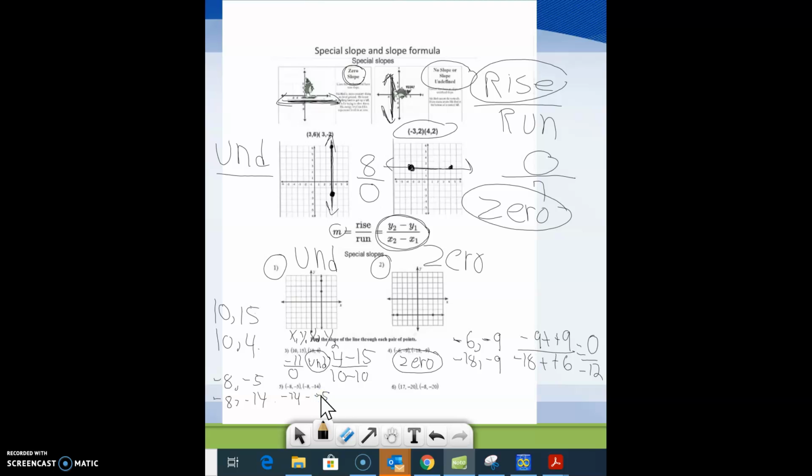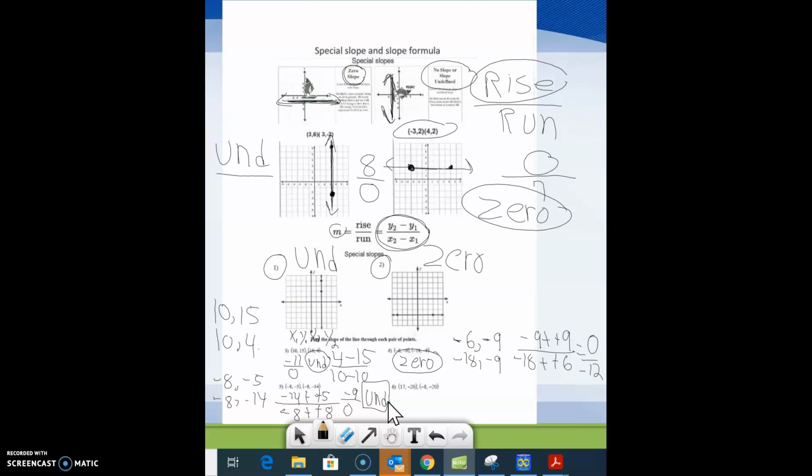Oh, all these negatives are giving me a headache. All right, then the x. Negative 8 minus negative 8. Okay, now let's fix that with your keep, change, change. So that's negative 14 plus 5, right? Would be a negative 9. Negative 8, keep, change, change. Plus 8 is going to be 0. So we have 0 on the bottom, under the fraction bar. Undefined, right?